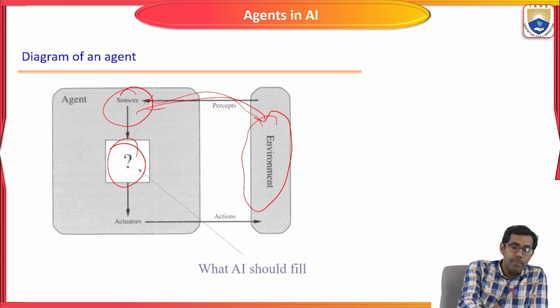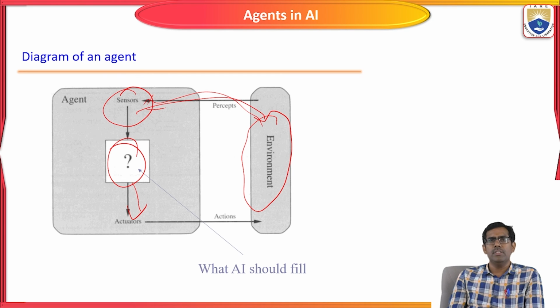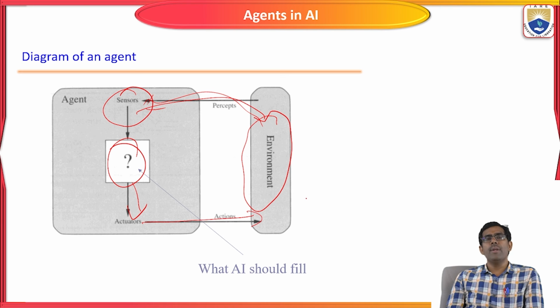Then that information will be passed to the actuator. Based on that information, the actuator will act. The action will be taken over the environment. So this one is the simple structure of your agent.